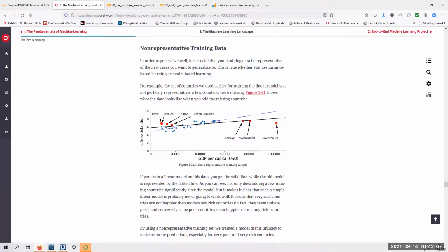And what this means in practice: now you see, in this example, you have added 3 more countries to this plot, which were not in the original dataset. So now the best fit line is completely different. This black versus this dotted.